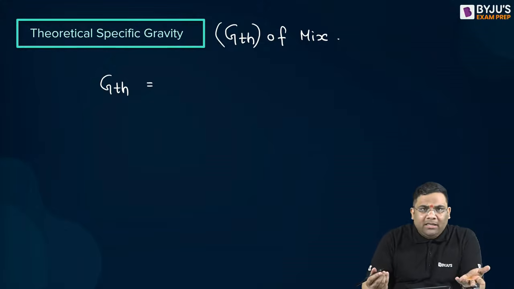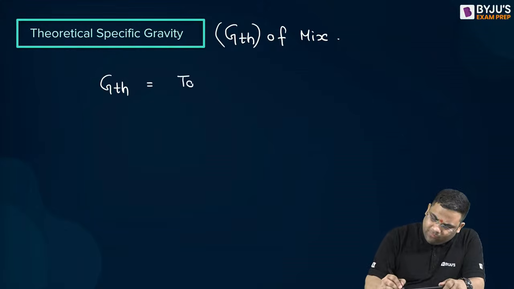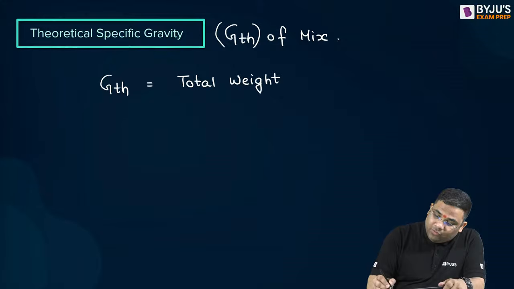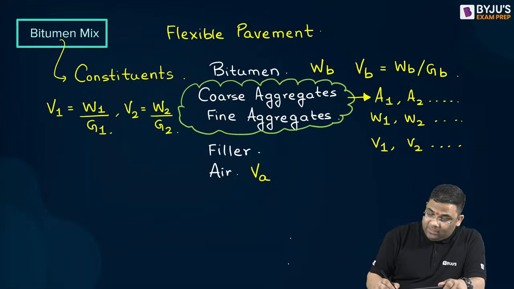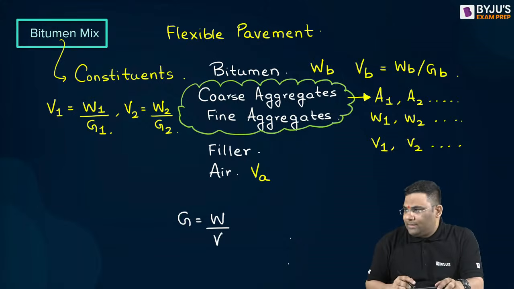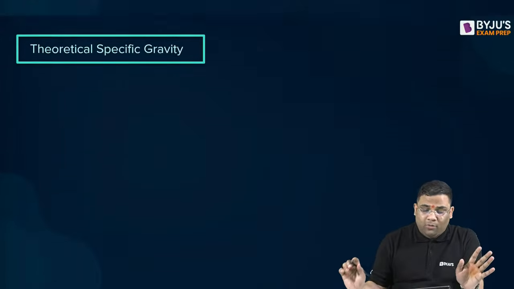I will take the total weight, right? And then divide by total volume. Total weight divided by what? Total volume. Yes, because in the previous slide we saw that G is equal to W by V. Yes, so total weight by total volume.